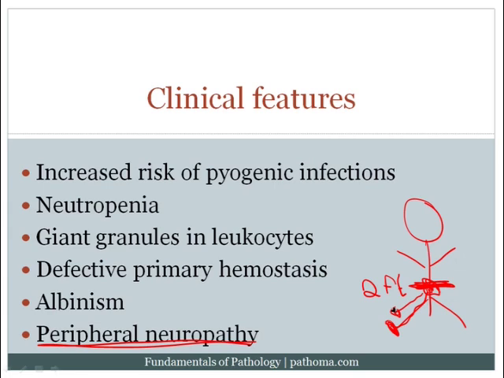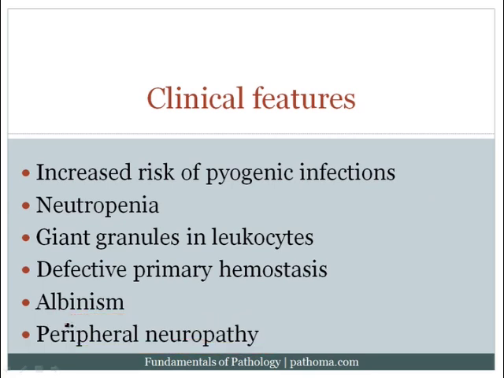And so if patients have a railroad defect or a protein trafficking defect, they can't really keep these peripheral nerves alive, and so they get something called a peripheral neuropathy. I've kind of simplified it a bit, but it's good enough for general principles and creating global ideas within your mind. So, these are the key features of a disease called Chediak-Higashi syndrome, and it's something very high yield, something that we should be familiar with.